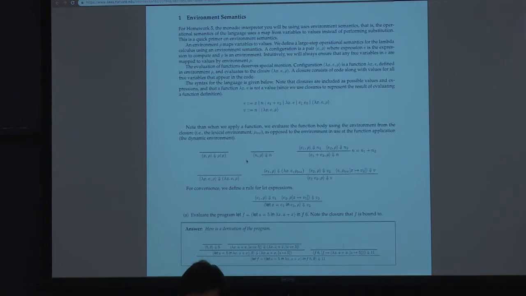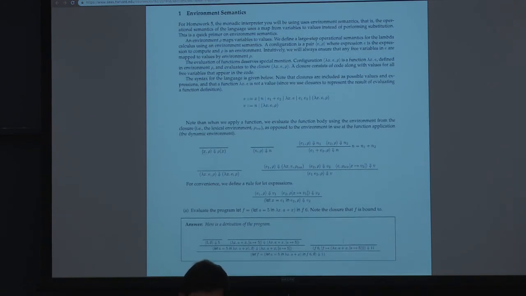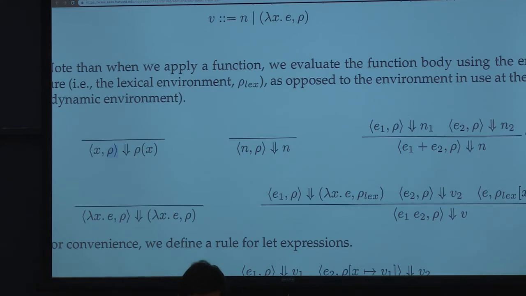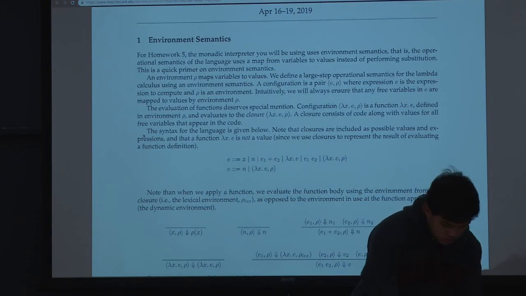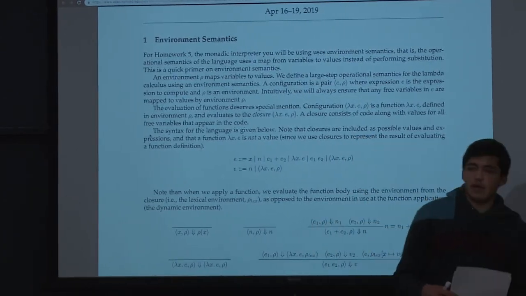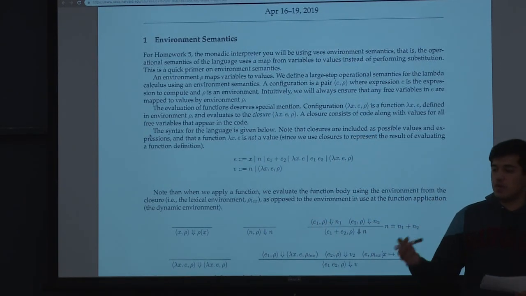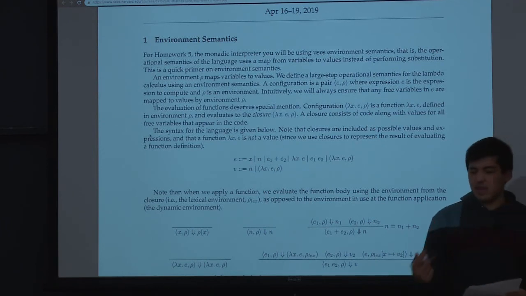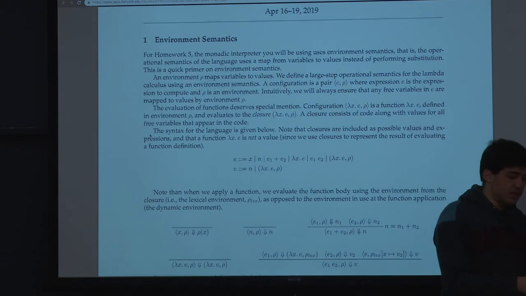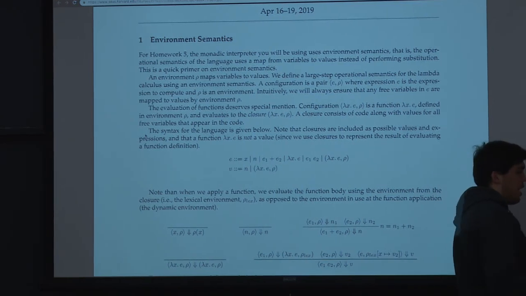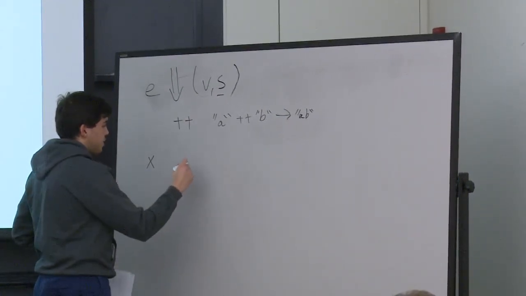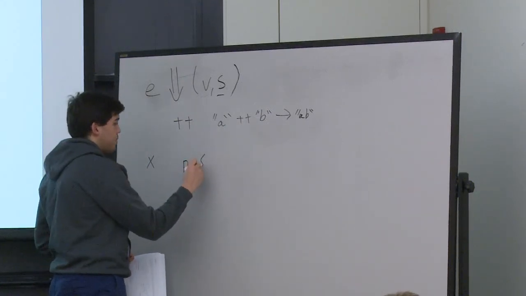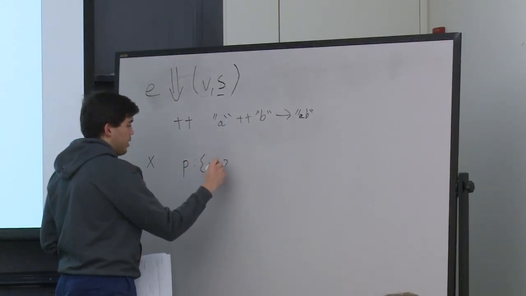So we evaluated functions utilizing this variable right here, something called a rho. And rho indicates the environment variables. The whole purpose of an environment semantics is that, instead of basically replacing expressions with values, let's say you have a variable x, and in your environment, indicated by rho, you have that x maps to the value 3.